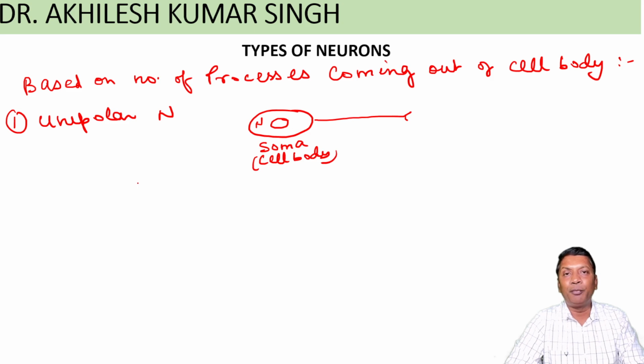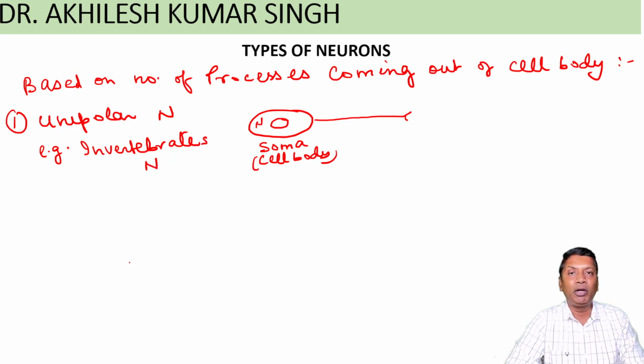And what is an example of unipolar neurons? The neurons present in invertebrates are an example of unipolar neurons.